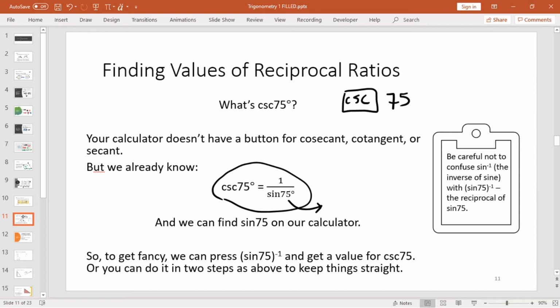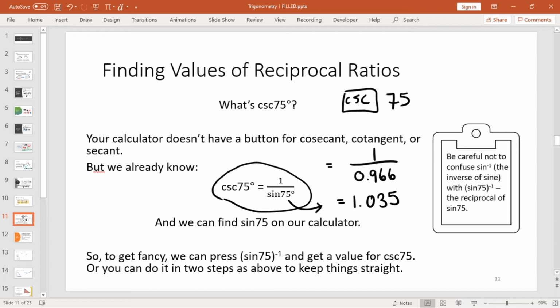You can say that cosecant 75 is going to be the same as 1 over sine 75. Press that on your calculator, it's going to spit out this value, and then you can do that math, 1 divided by 0.966, and you will find that cosecant is equal to 1.035.